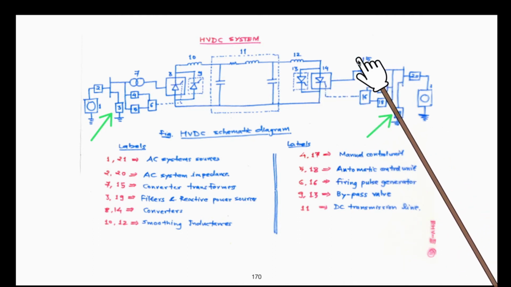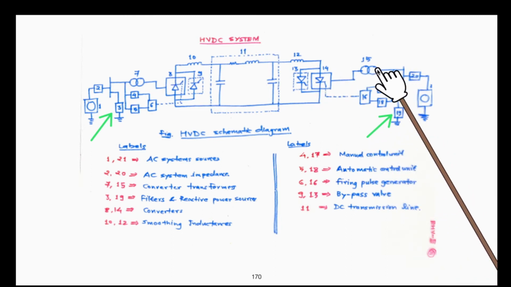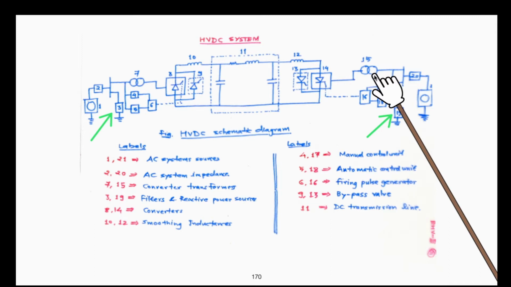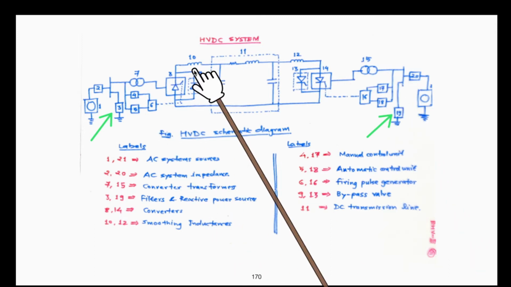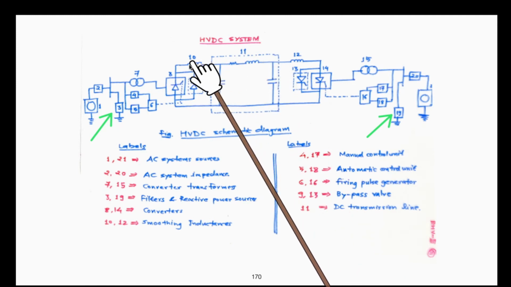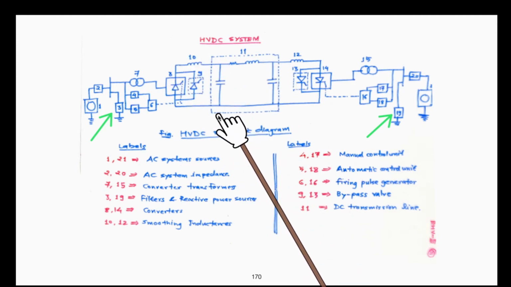Filters are required for stable operation of the converter, because when we convert AC into DC, a large amount of harmonics are produced on either side, and that is obvious because we are switching from one phase to another, so there is an interruption of current. Consequently, harmonics are induced on the AC side. Similarly, harmonics are induced on the DC side as well. Those are taken care of by the filters connected on the DC side.